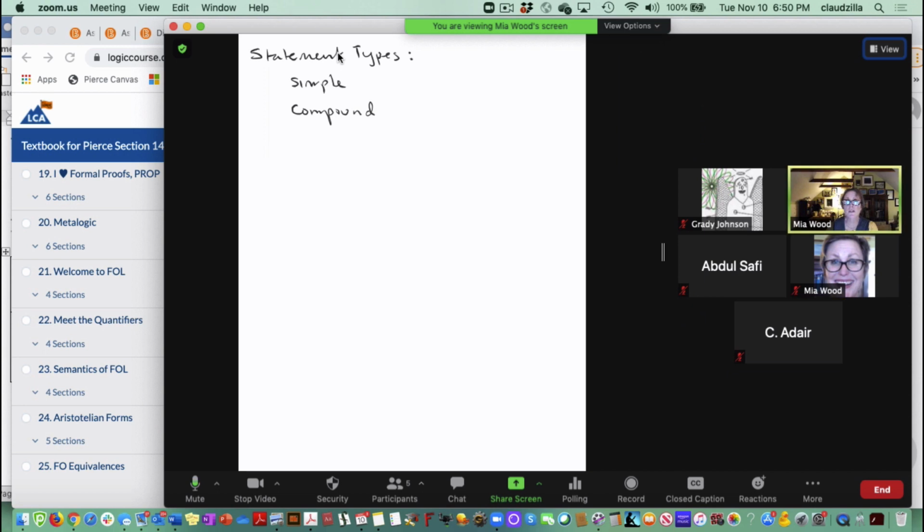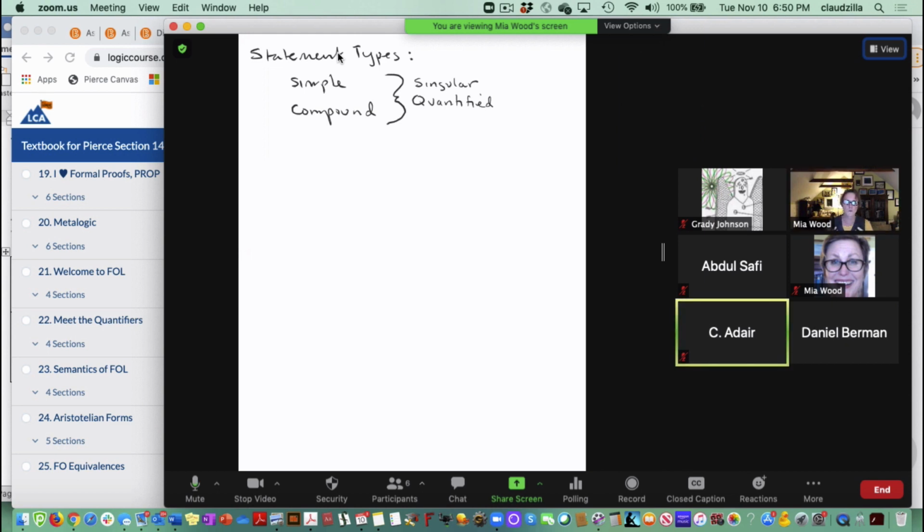And we're going to also talk about the simple and compound. We've been talking about what are known as singular, but we're about to talk about also quantified sentences. So basically, the logic that we've been doing gives us a lot of robust knowledge and skills.